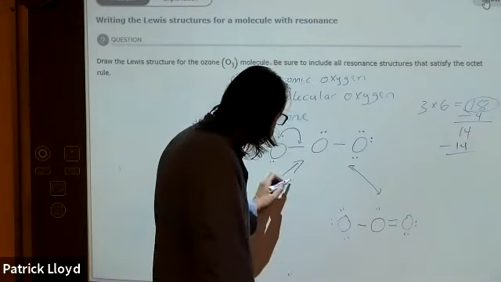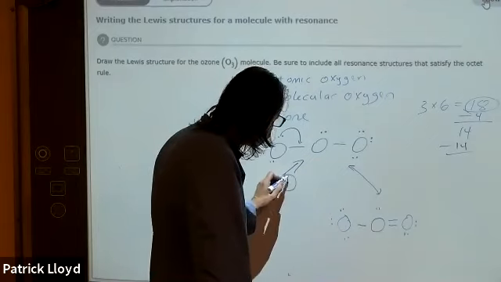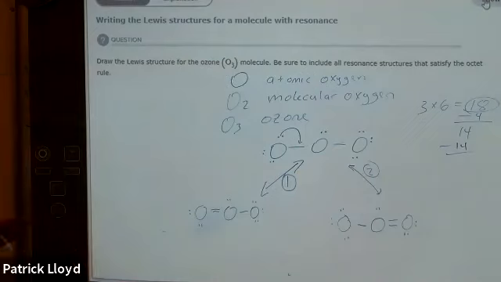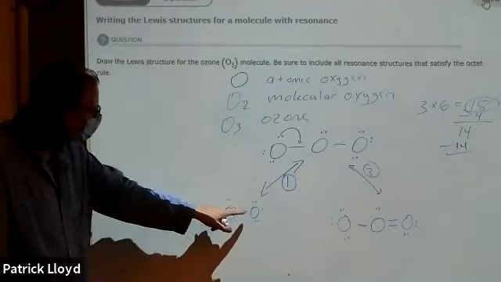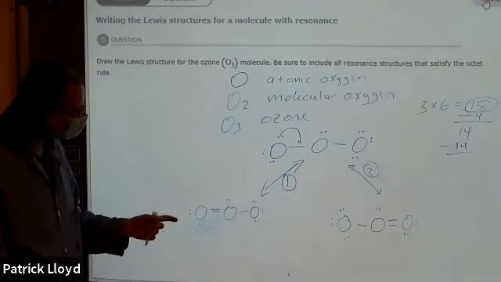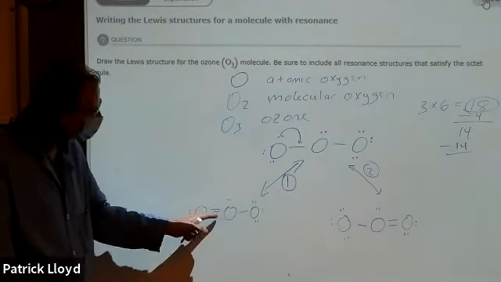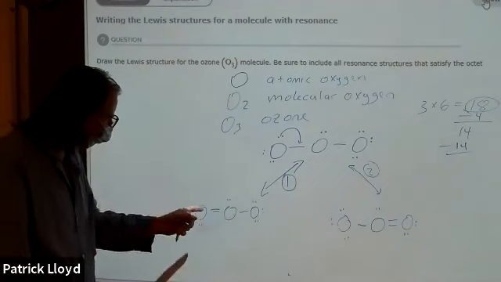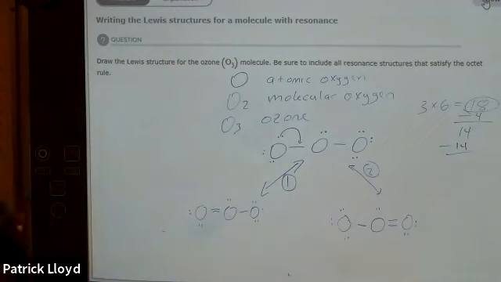So it looks like there are 2 structures, right? 2 possible resonance structures. And it's going to be an average of the 2, right? So the average of 2 bonds and 1 bond is 1.5. So in fact, the ozone molecule has 2 bonds that are really 1.5 in terms of their strength and their length, but we have 2 resonance bonds.